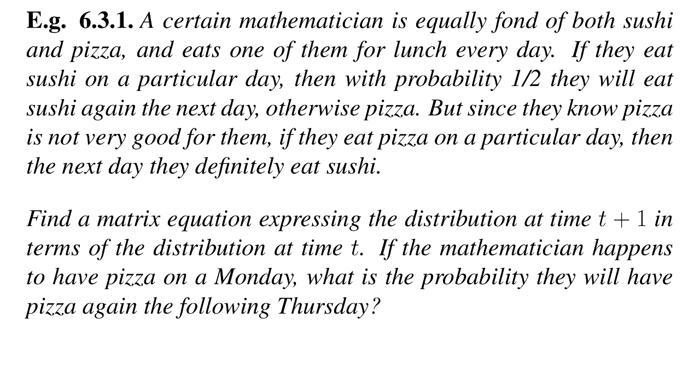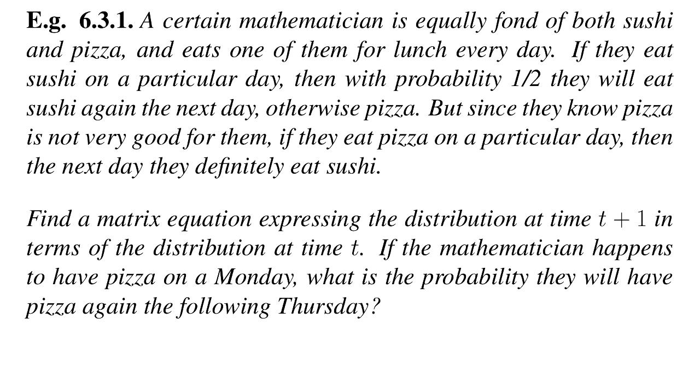This mathematician only eats pizza and sushi. Right? So there are two states. The states that we're talking about are what the mathematician has for lunch. And it's either pizza or sushi, but the decision is random.